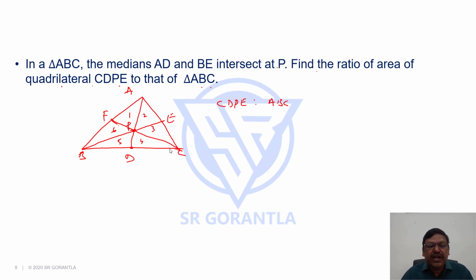Now tell me, CDPE consists of how many triangles? It consists of 2 triangles. ABC consists of 6 triangles. So 2:6, the ratio is 1:3. It is as simple as that. So the key, students, is just joining one extra line, and you will get the clarity, right?